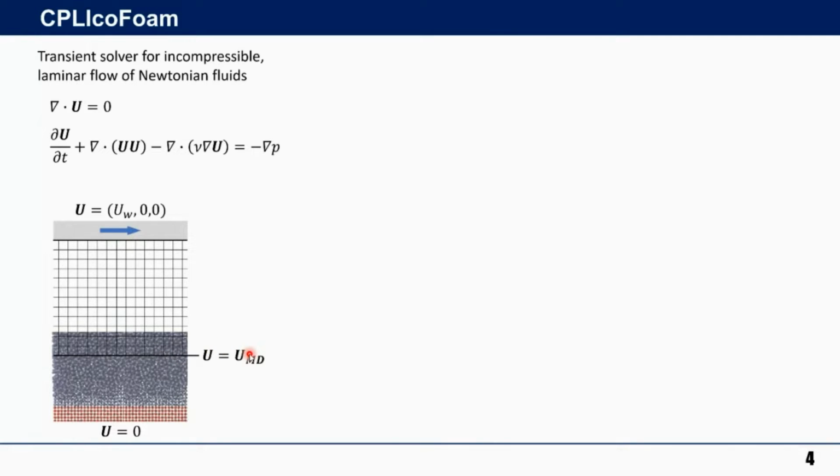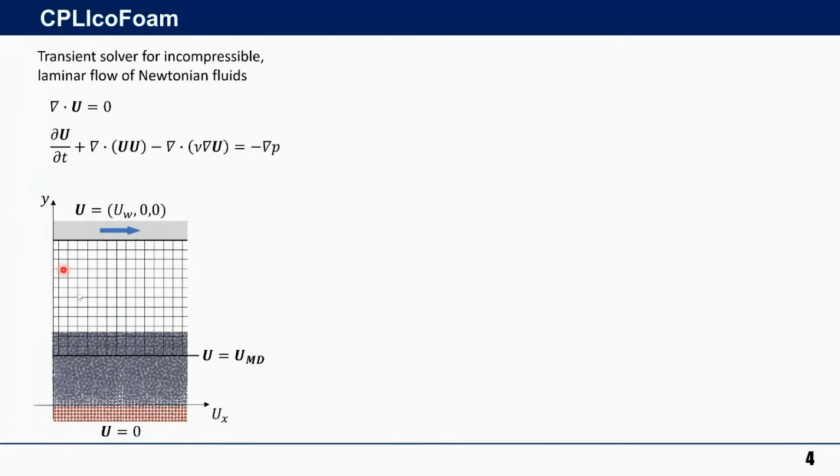So as I will show you now in the source code, OpenFOAM will get the initial conditions and the boundary conditions at that boundary from the coupled solver. In the case of the Couette flow example, the bottom boundary will have zero velocity, so it will be a stationary wall.